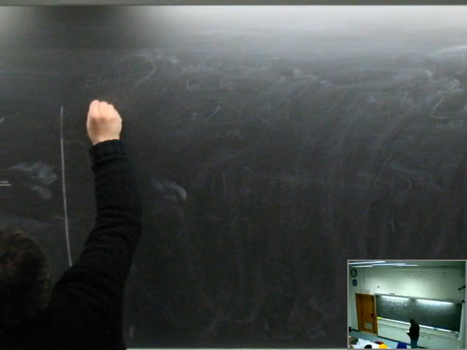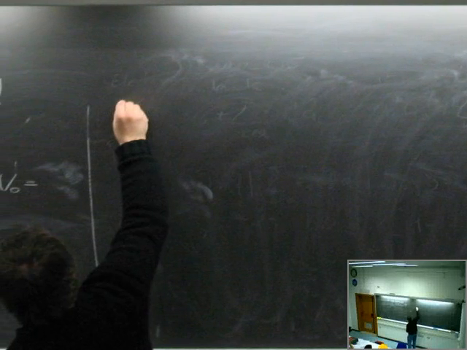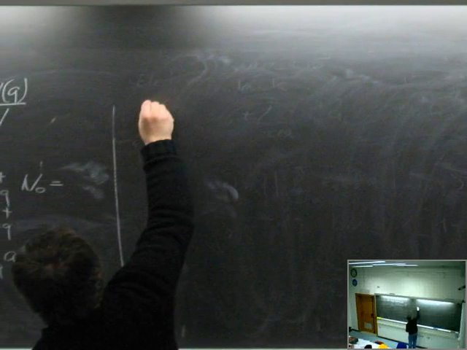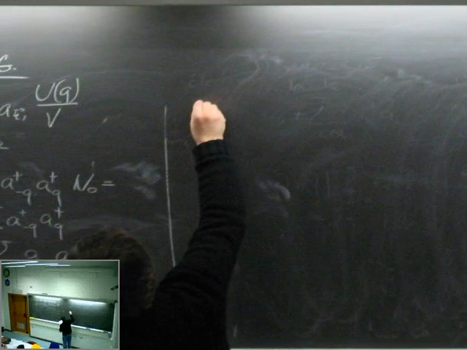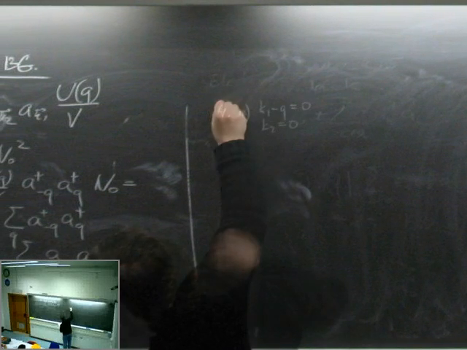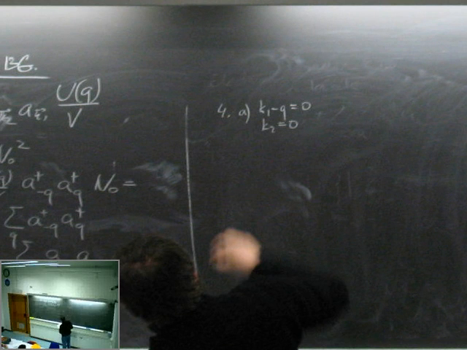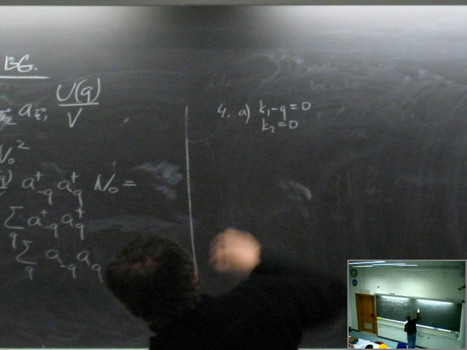So now I'm listing processes of the fourth part. These are processes of that sort. K1 minus Q, for example, is equal to 0, but K2 is equal to 0. A. Or process B, K1 is equal to 0 and K2 plus Q is equal to 0.